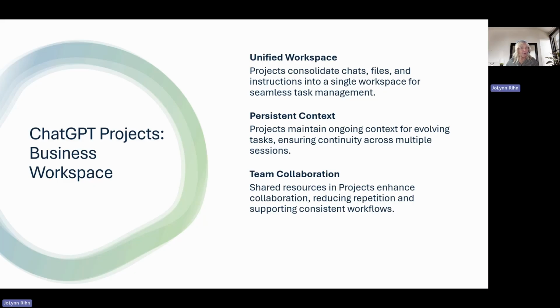So think of projects as a container for related work that includes your chats, your files, and the instructions. They all live together in one happy place. It makes it much easier to resume work, collaborate, and maintain that consistency without starting from scratch every single time like we do with the one-off chatting.